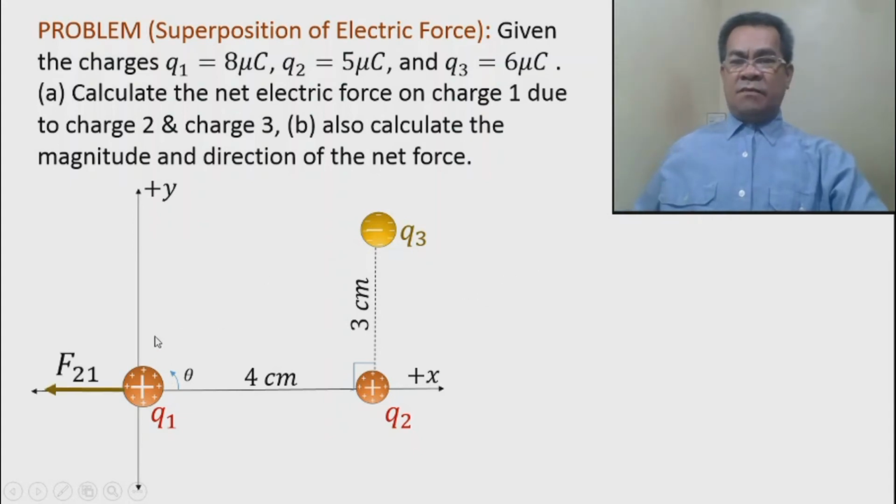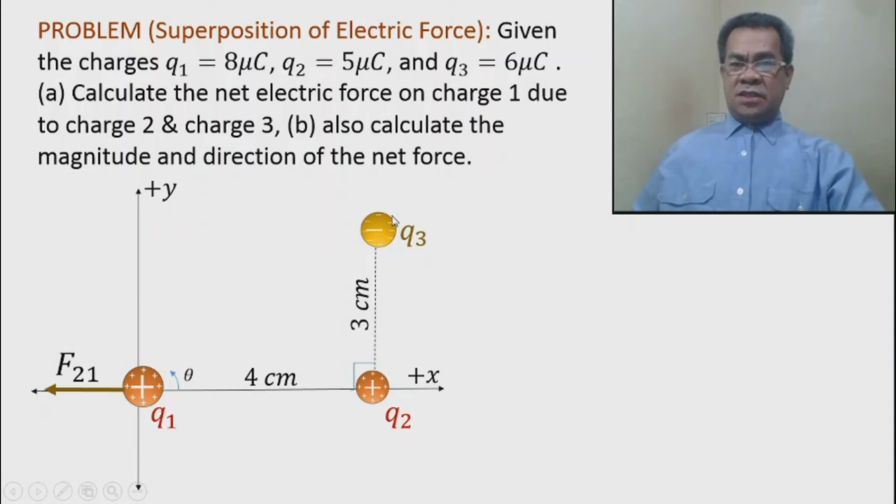Now remember that charge 1 and charge 2 interact with each other, so we have a repulsive force. It is away, so this tends to move in the negative x direction. This is the force that 2 exerts on 1, F sub 21.